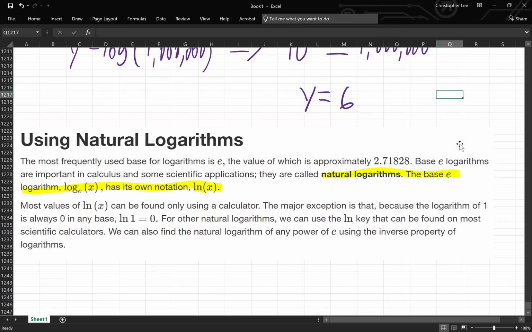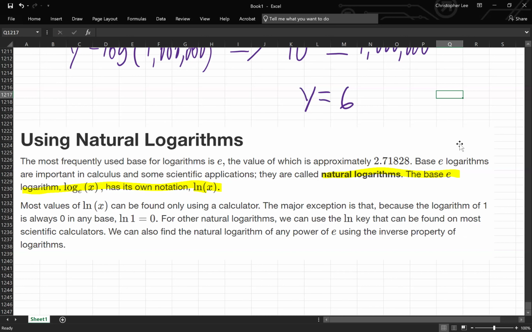All right, so using natural logarithms. The most frequently used base for logarithms is e, Euler's number, the value of which is approximately 2.71828. Base e logarithms are important in calculus and some scientific applications. They are called the natural logarithms. Love base e in calculus.